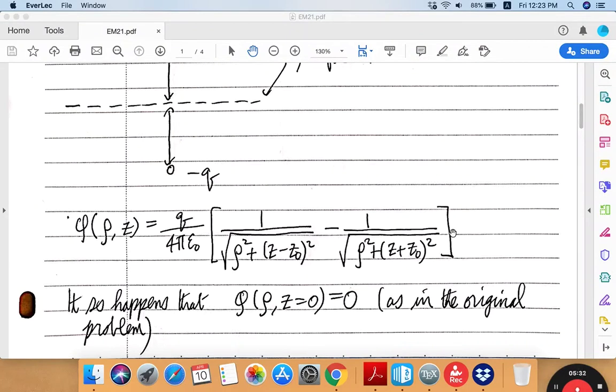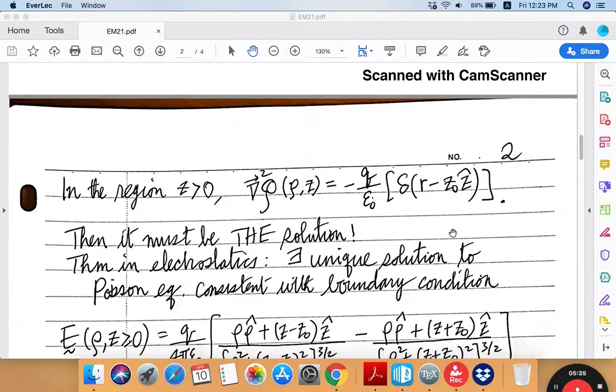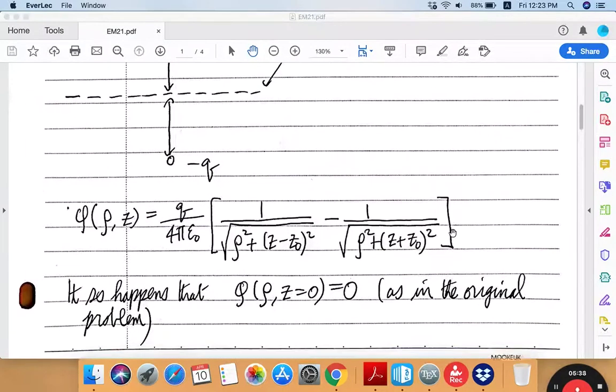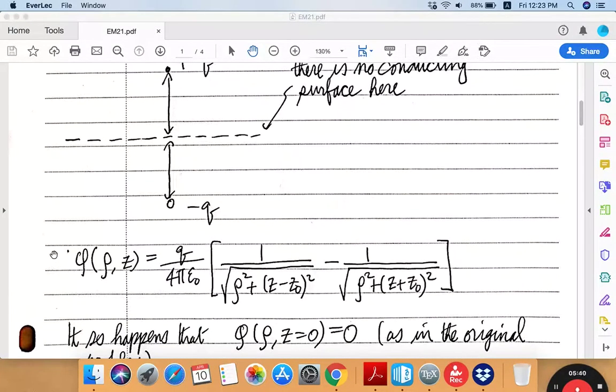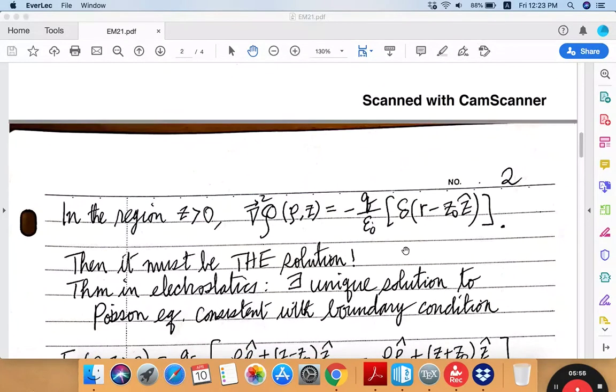Okay, I guess that's strike number one. The strike number two is that if you take the Laplacian of this potential, and since this is nothing but a Coulomb potential, when you take the Laplacian of a Coulomb potential 1 over r, you just end up creating a delta function. And so by that rule, we will just end up with this delta function.